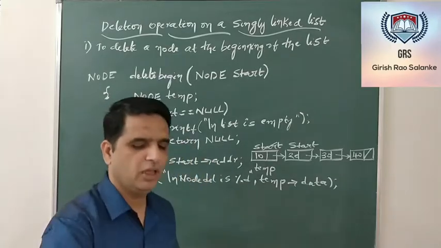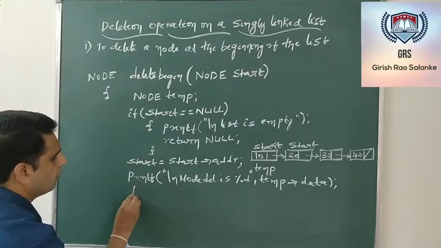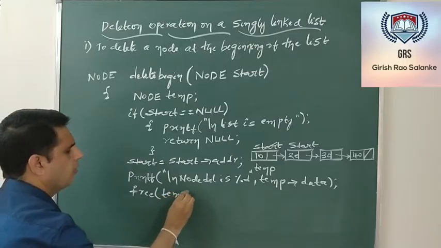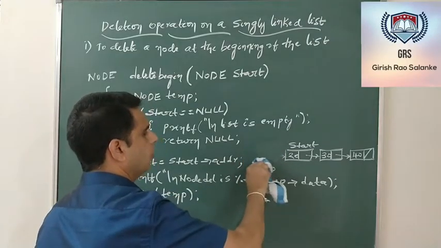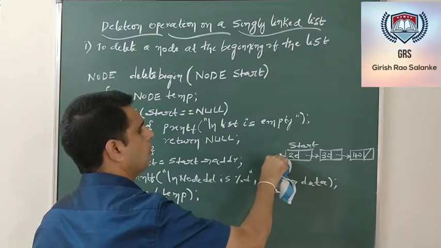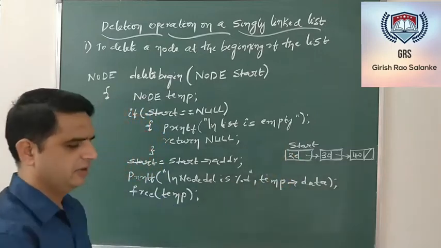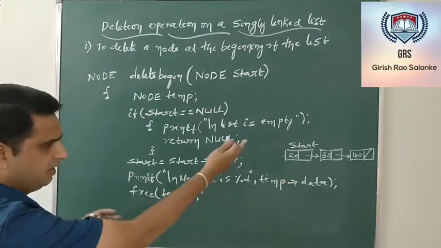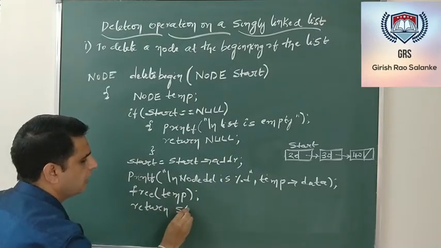To deallocate memory, you are supposed to call a function by name free of temp. The memory will be deallocated. Now return the address of the node which is holding the address of 20, which is there in start. Return start.